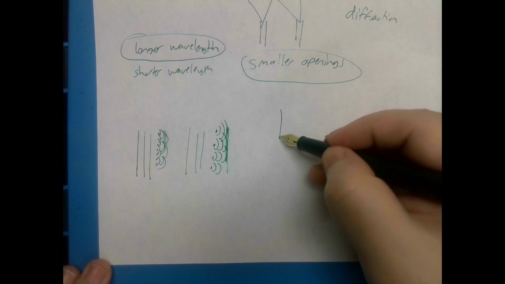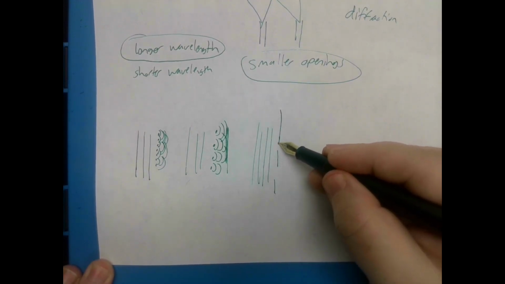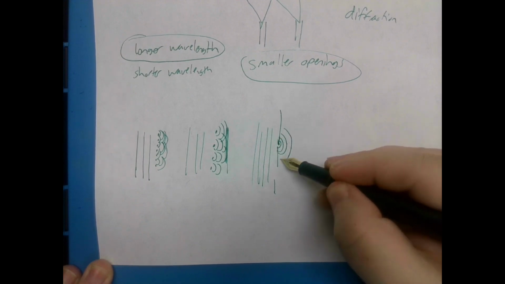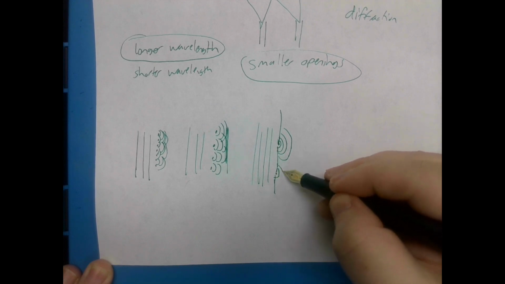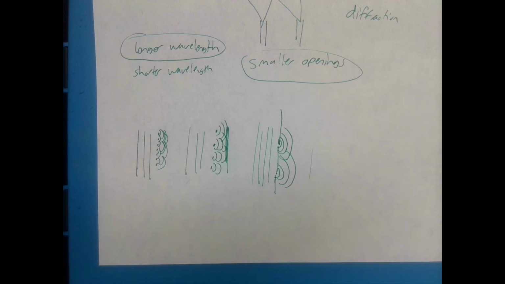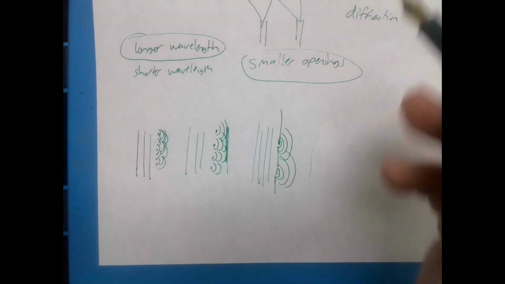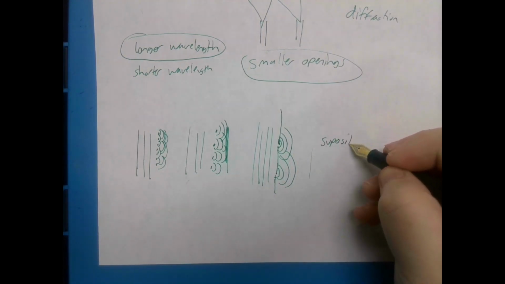This means that when going through a slit, you want the slit to be as small as possible so that we get a true source, blocking so only one wavelength goes through. And then they combine to make a single wave. The diffraction pattern we see is due to the superposition of waves.